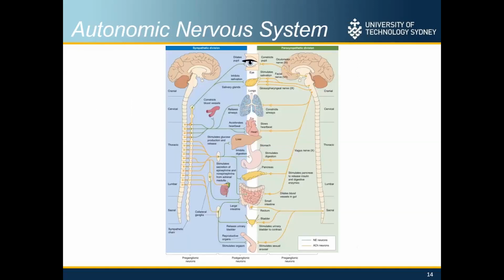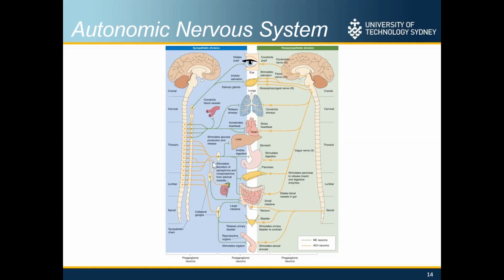So this slide looks at the innervation of both arms of the autonomic nervous system. What's obvious here is the pathway of the innervation from both arms of the autonomic nervous system, which differs between each other. So the sympathetic nervous system has preganglionic axons emerging from the thoracolumbar outflow, which is the mid third of the spinal cord.